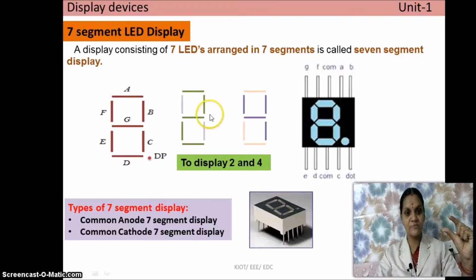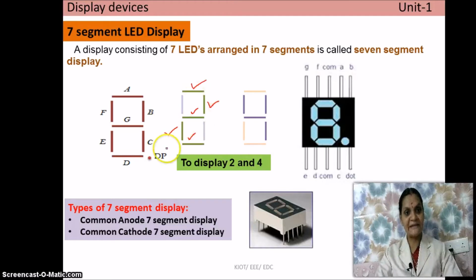If you want to display the numeral 2, you want to turn on the LEDs. What are all the segments we need to turn on? Each segment is formed by one LED, right? So this one, and this one, this one, 3, and this is 4, and this is 5. These 5 segments have to be turned on.